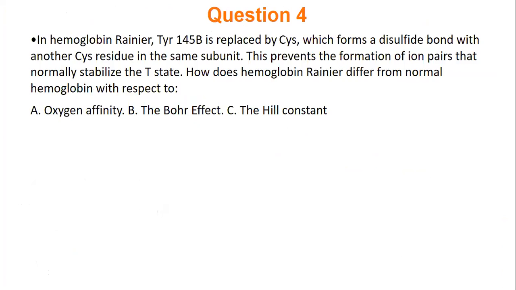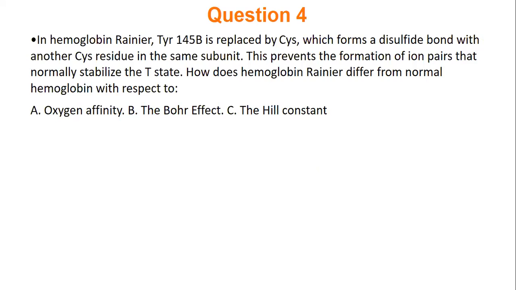Question 4 is one I want to get to because it really does test our understanding of how hemoglobin works in its different states. So there is a human globin mutant called Rainier, in which tyrosine 145 on the beta subunit is replaced by a cysteine. When we have this mutation to cysteine, we form a new disulfide bond with another cysteine that's in the same subunit.